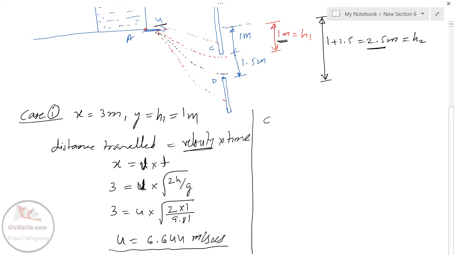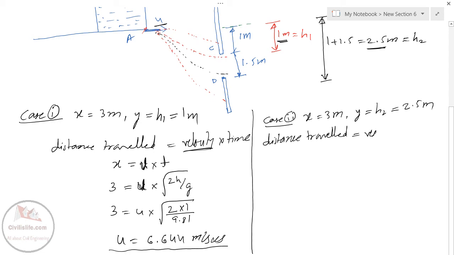Then for case 2, x is 3 meter and y is h2, that is 2.5 meter. Again distance traveled is equal to velocity multiplied by time. This velocity is again the horizontal one, so x is equal to u multiplied by time.